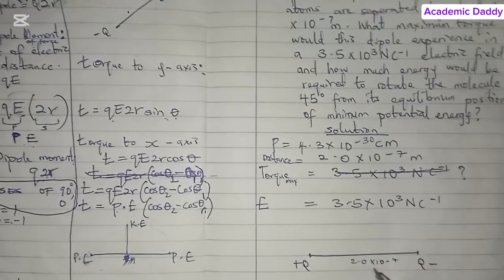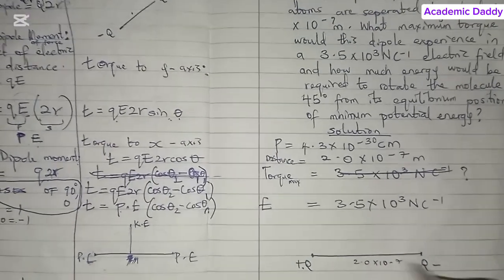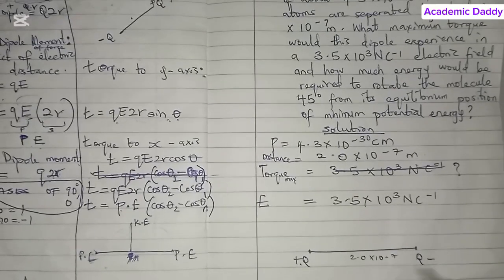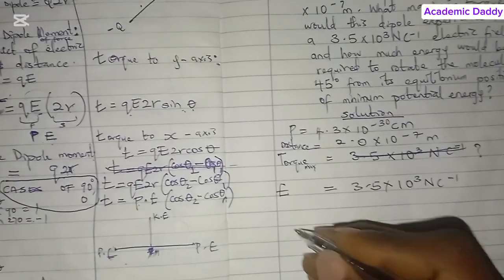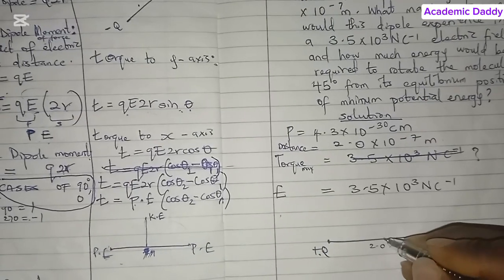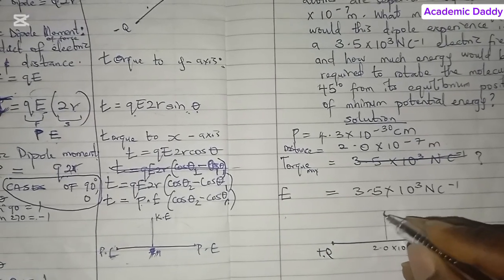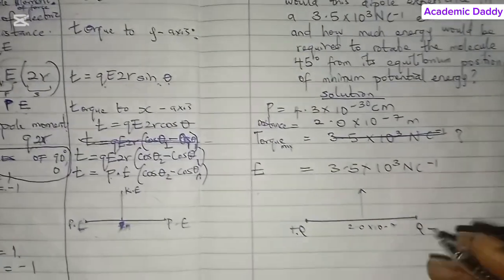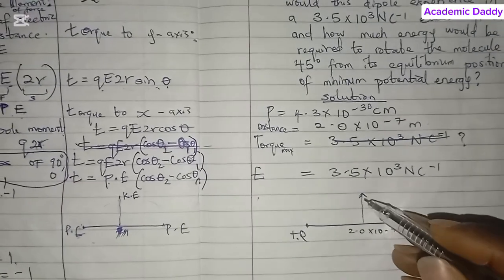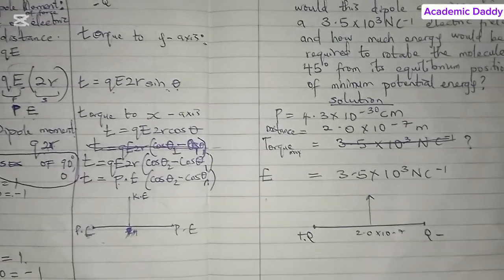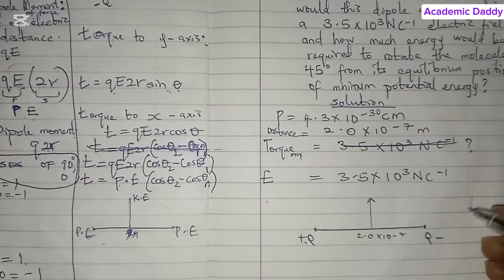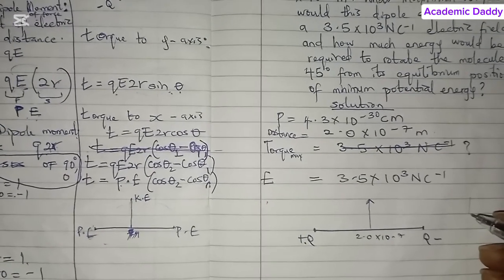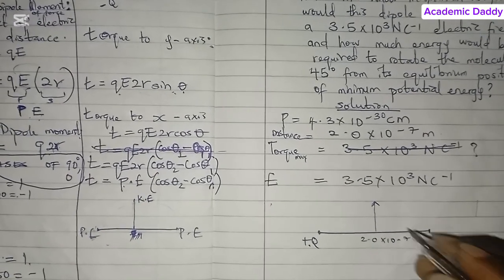They did not give me what the charges are, but they gave the dipole moment. If that is the case, the torque will be maximum at this end, because you remember what torque is: the product of force and perpendicular distance.